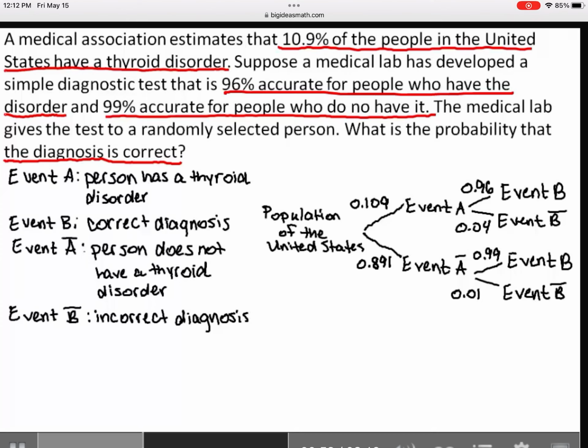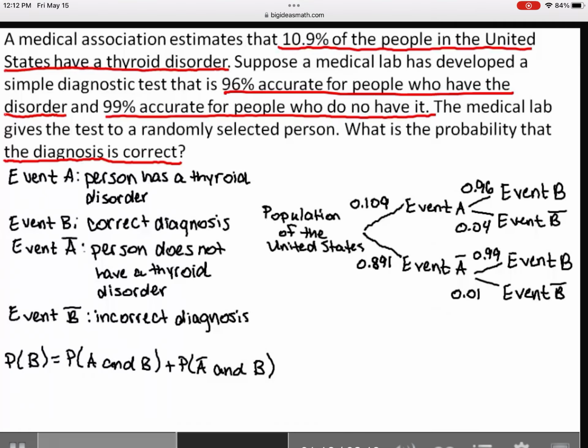Notice that the probabilities for all branches from the same point sum to 1. To find the probability that the diagnosis is correct, follow the branches leading to event B. The probability of event B occurring equals the probability of events A and B occurring plus the probability of events A bar and B occurring.